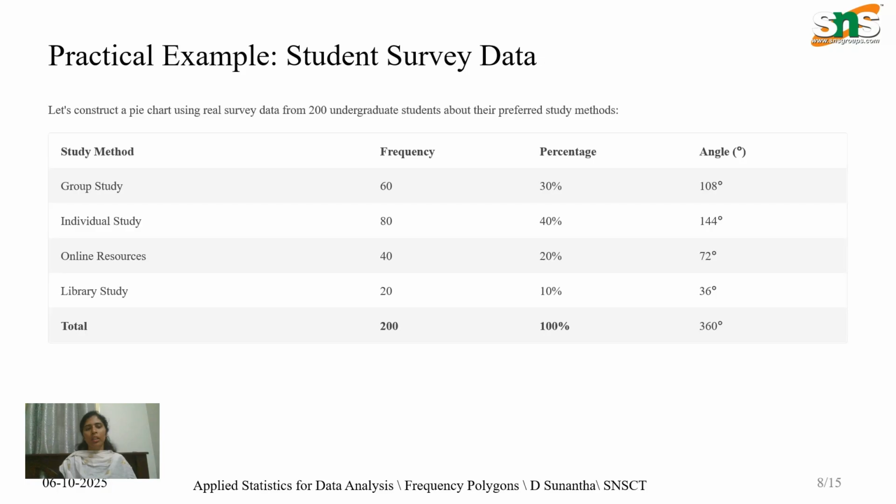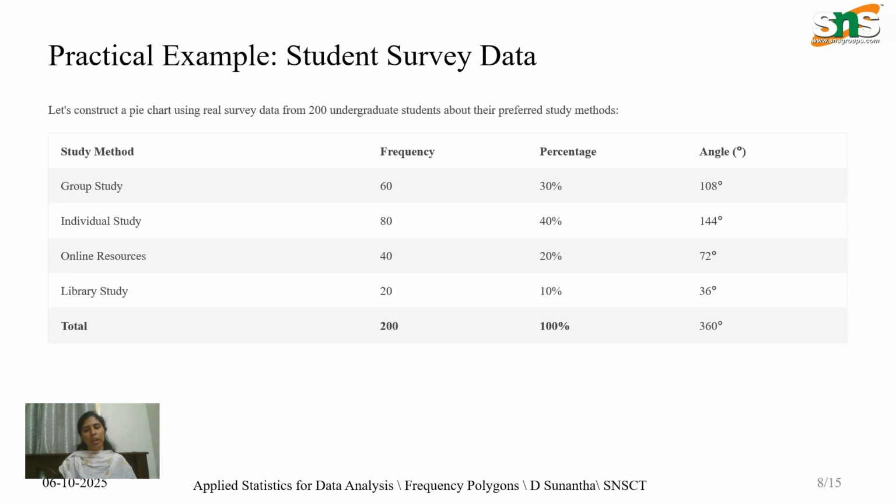Next, we convert these frequencies into a percentage format by dividing the individual frequency by the total into 100. So 60 divided by 200 into 100 gives 30 percent. Next, 80 by 200 gives 40 percent. Next, 40 divided by 200 into 100 gives 20 percent.